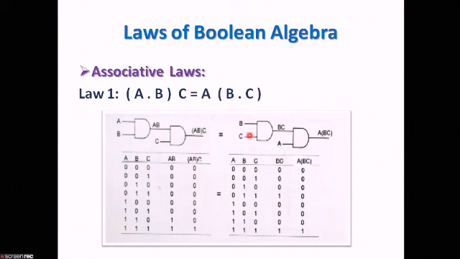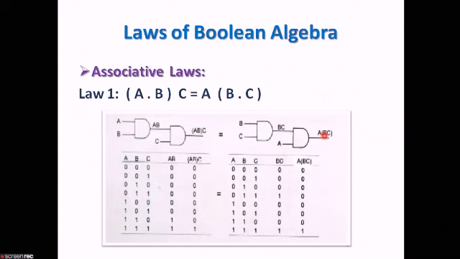So b and c are the two inputs to one AND gate, so the output is b c. Next, this is one AND gate, and the inputs are bc and the other input is a. So the output is a into b and c.